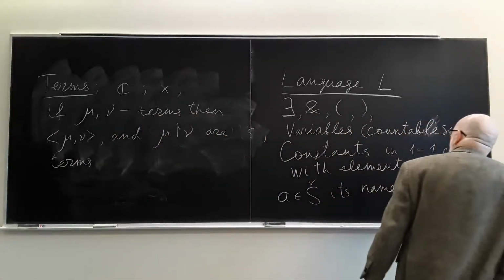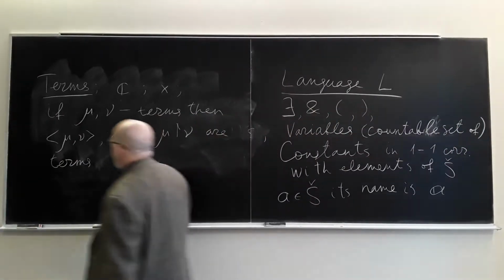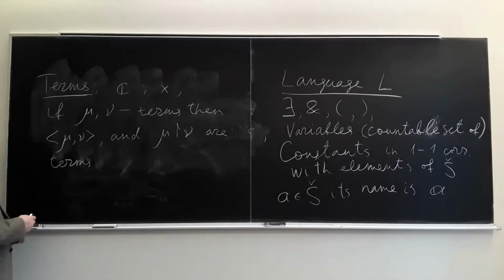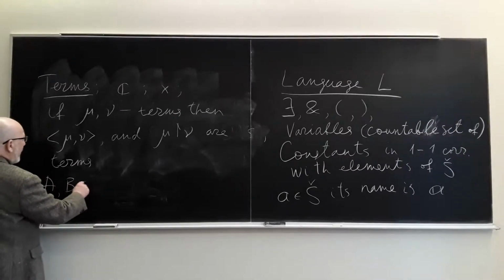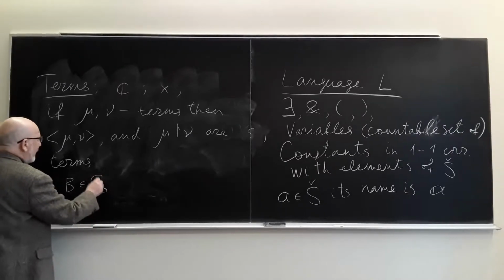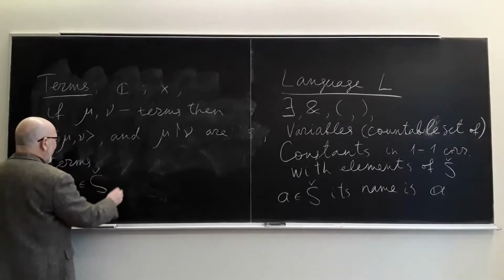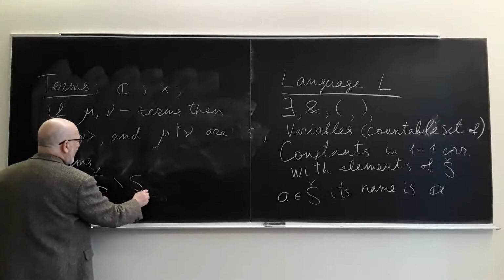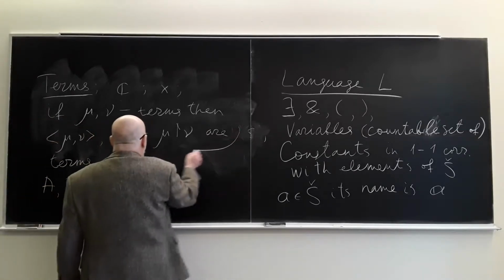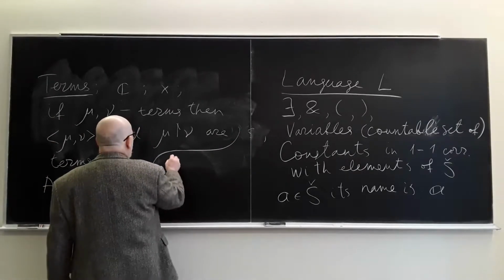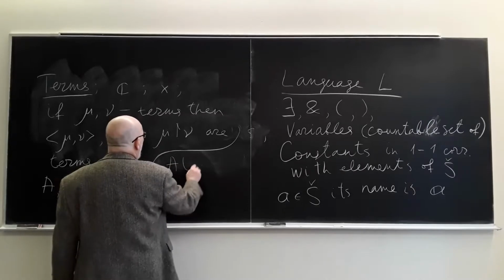For example, suppose that you have two sets, A and B, elements of S check, minus S0. They are just sets, they are not individuals. Then how can we regard the thing A union B?